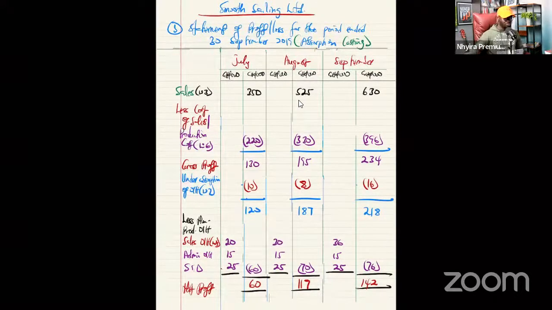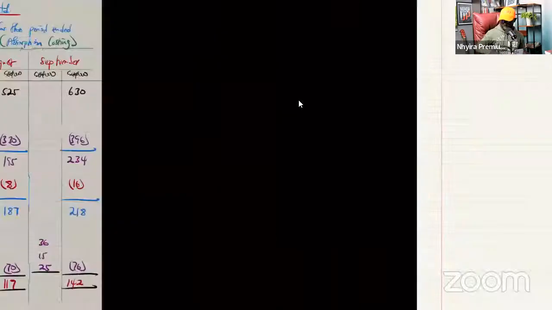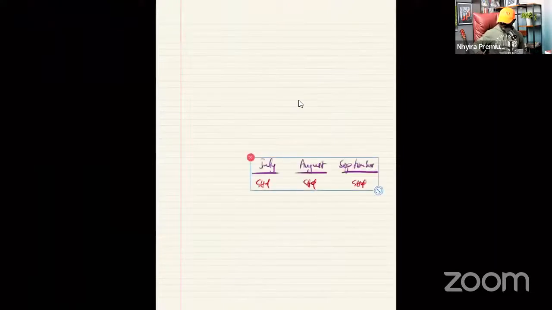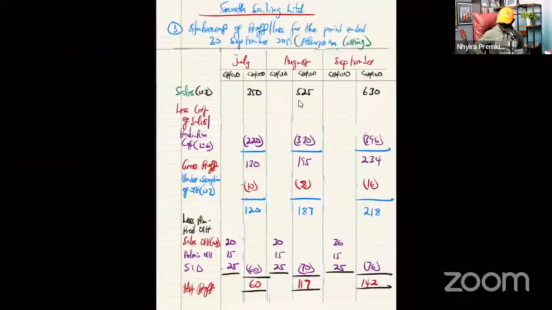But let me just illustrate to you. If we were using the opening stock and closing stock story, how it's going to look like, those kind of things. Okay. I'm going to do probably just July and August, just for illustration purposes. Oh, thought I had copied.